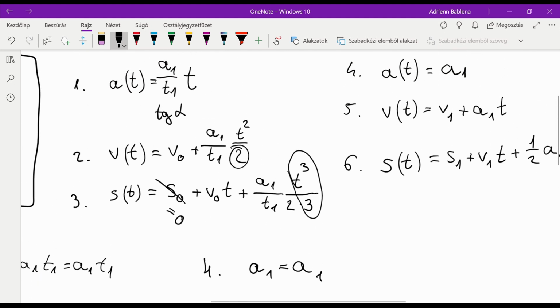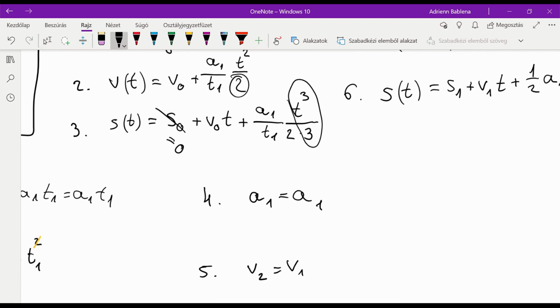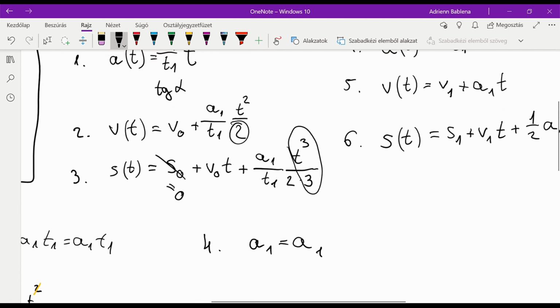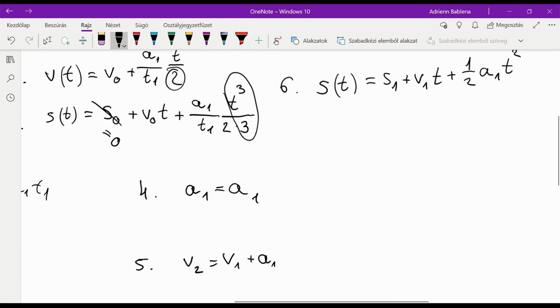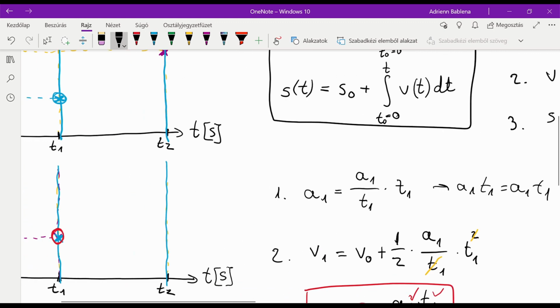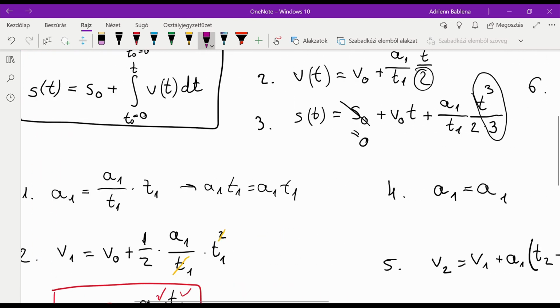And our initial value in the second section was V1 plus A1 times T, and instead of T we can write T2 minus T1, so we have to write the interval value. This is the second section time interval, T2 minus T1.